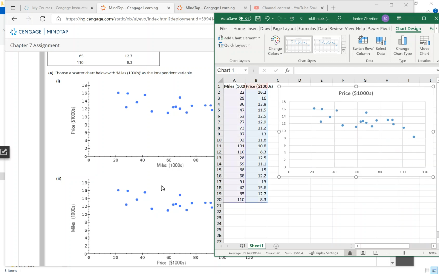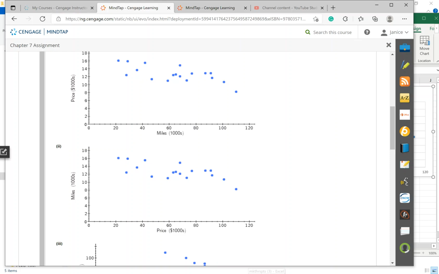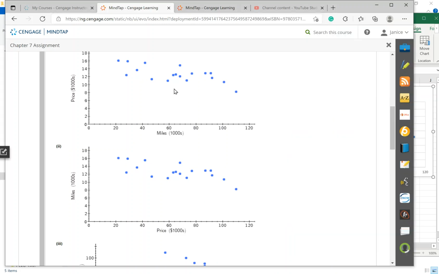And then you'll have to compare which one of yours. I think here's the trick on this one. Because miles is our independent variable, it should be at the bottom. So this is going to be my correct one. You got to watch. They tried to fool us on that.